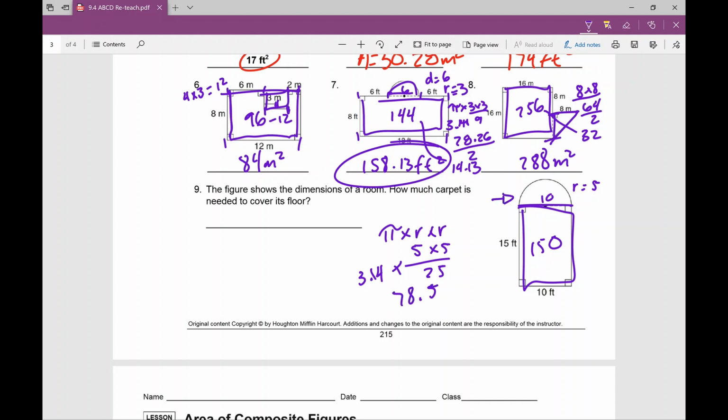However, it's only half of the circle, so I gotta divide that by 2. When I divide by 2, I get 39.25. All I have to do is add it with that 150, and my total area equals 189.25, and these are feet squared.